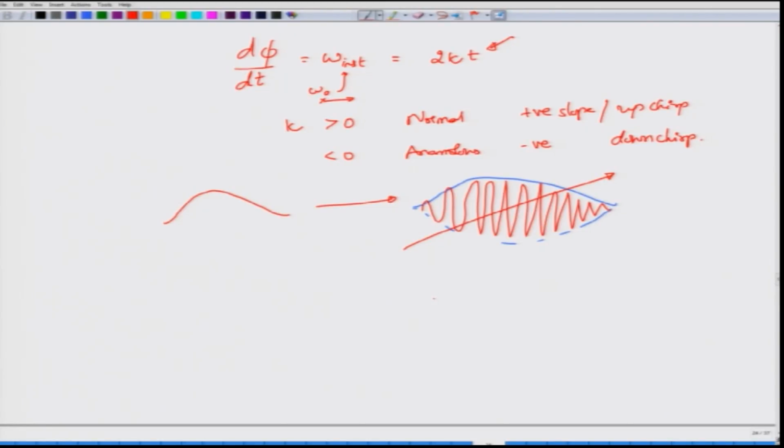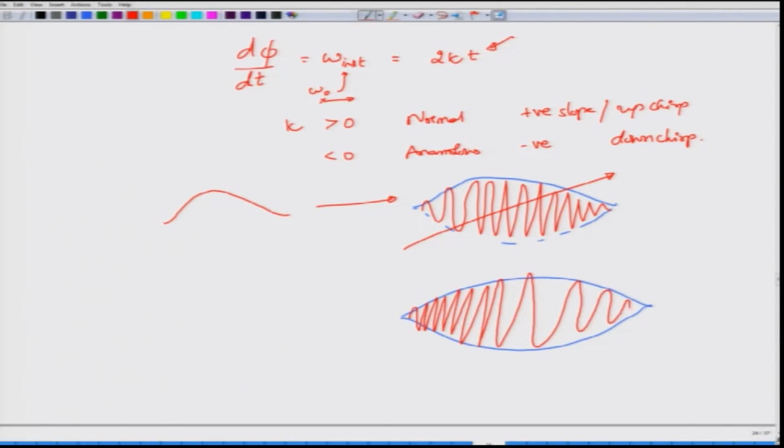The same situation for the anomalous dispersion regime would be that you have a pulse frequency which is very rapid initially, and then slows down. So this chirp is the down chirp.